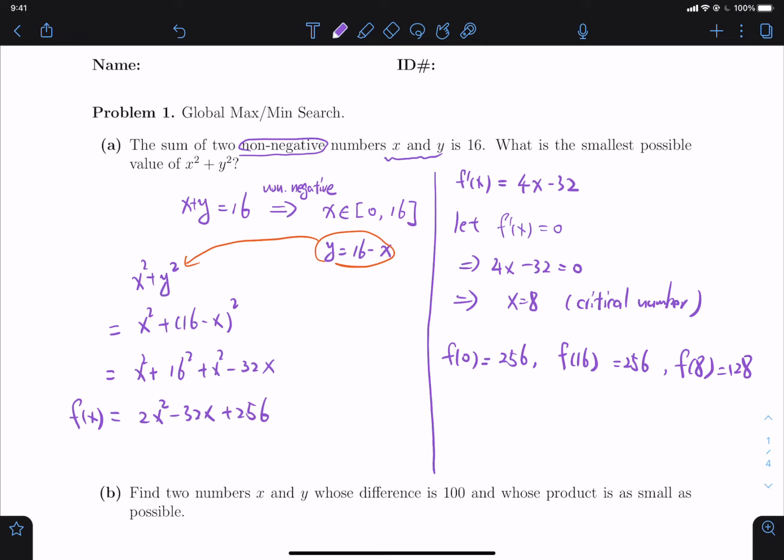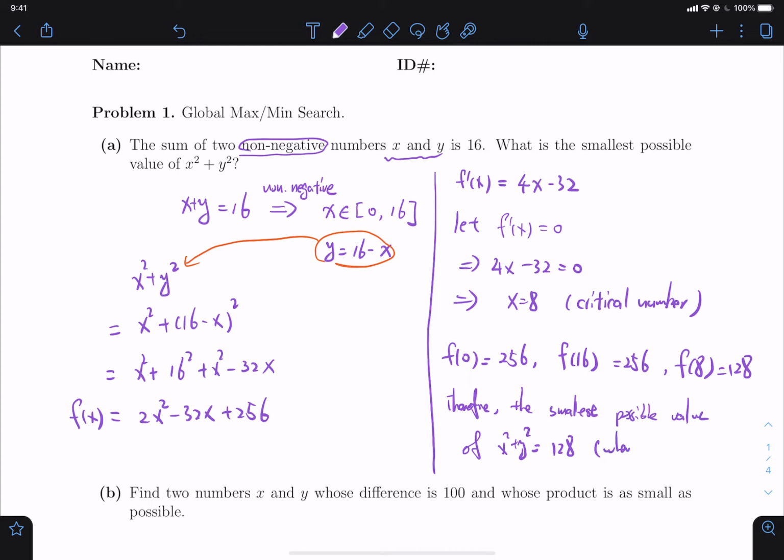Therefore the smallest possible value of x squared plus y squared is 128.